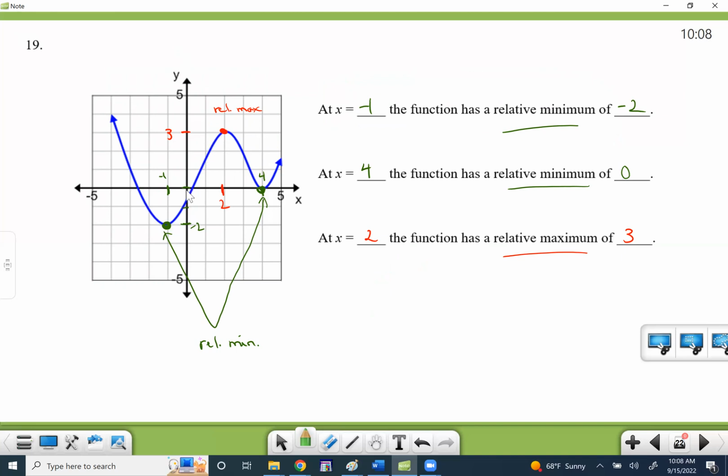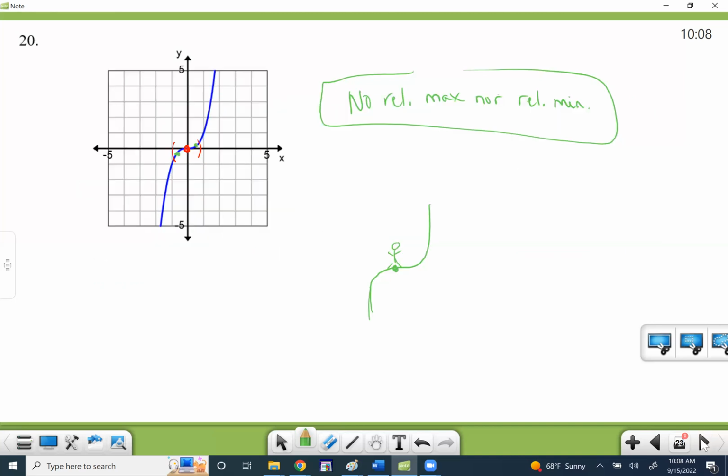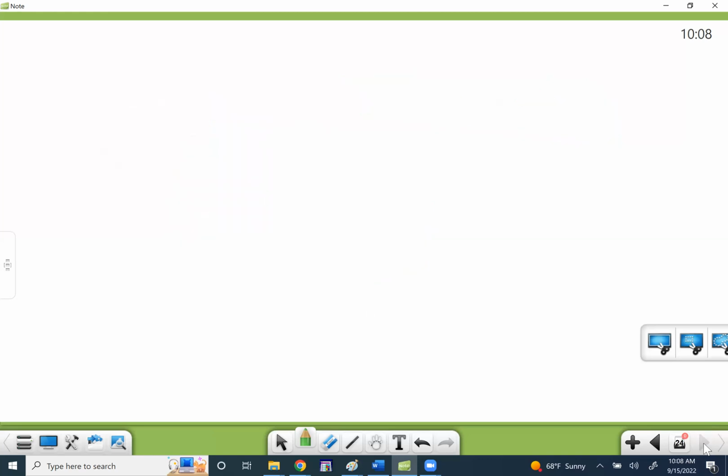For this red dot, I'm increasing, increasing, increasing, and now all of a sudden decreasing. I changed directions. So there has to be that direction change to create a relative max or a relative min. You can't go increase, increase, pause, increase, increase. That's going to give you nothing, or decrease to decrease, that too.